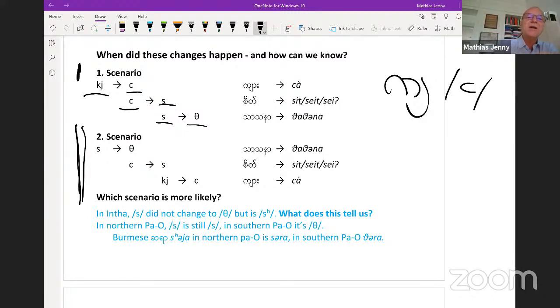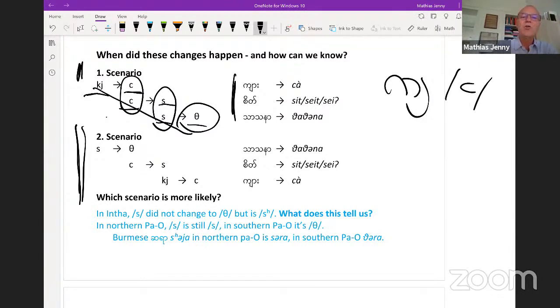Because if scenario 1 is what happened, then all the kyas become cha first. Then also the new cha would become sa. And the new sa would all become ta. So in this scenario, these words would be pronounced ta, te, and tadana, because they would all go towards ta in the end.